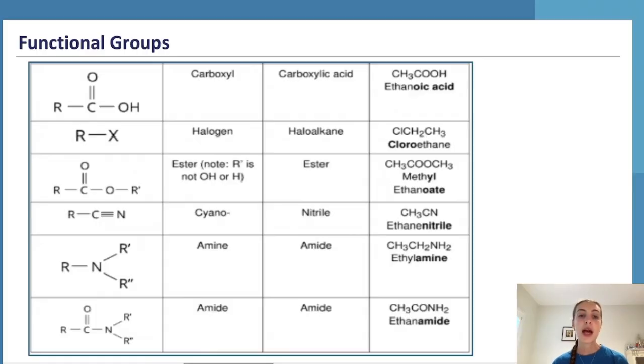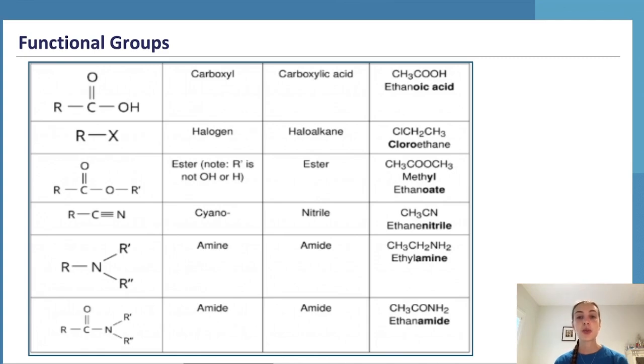The next one we can look at is esters. Esters are basically like a combination between a carboxylic acid and another added on alkane chain. They have part of an alkane chain followed by part of a carboxyl group, that being a carbon with a double bonded oxygen and then a single bonded oxygen.